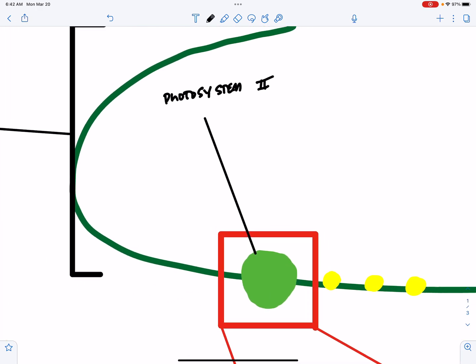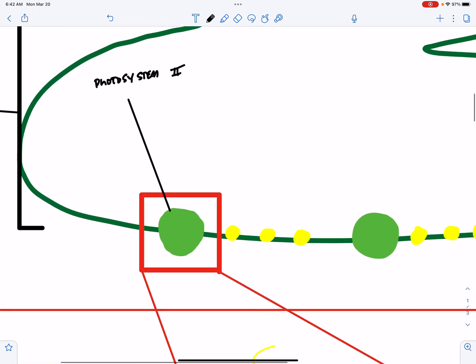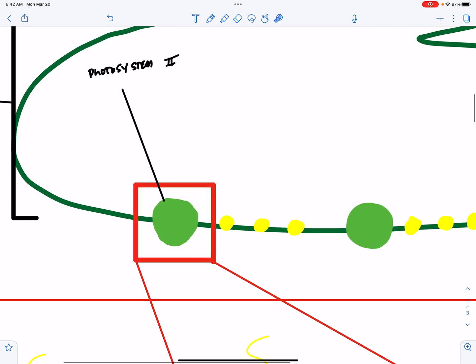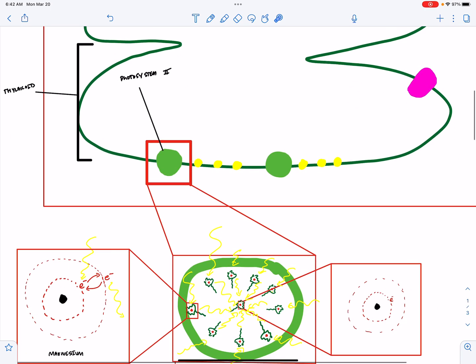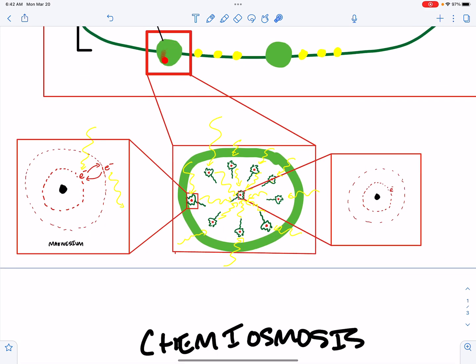It's called photosystem 2 because even though it's the first photosystem in a series of two photosystems, it was the one that was discovered second. We begin with photosystem 2. I apologize for that.